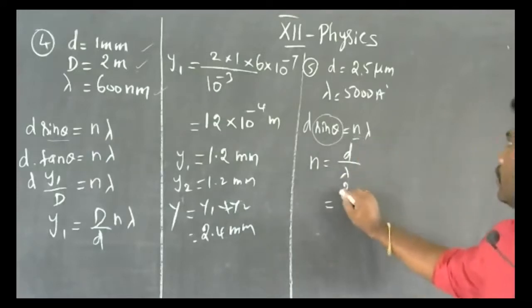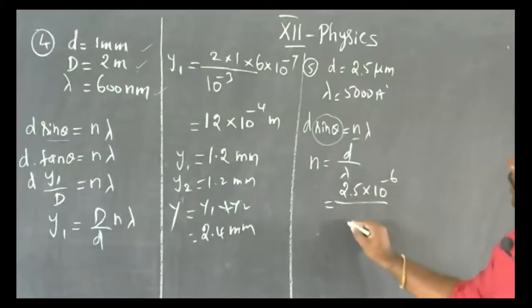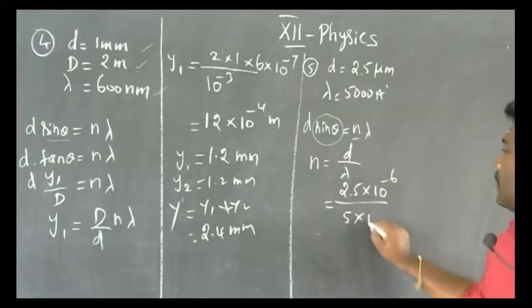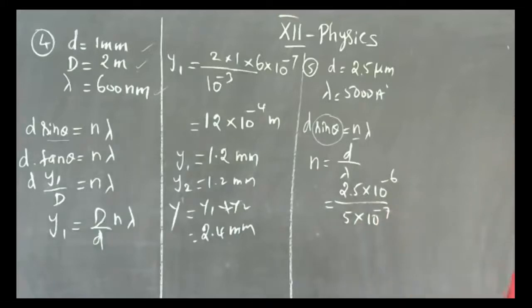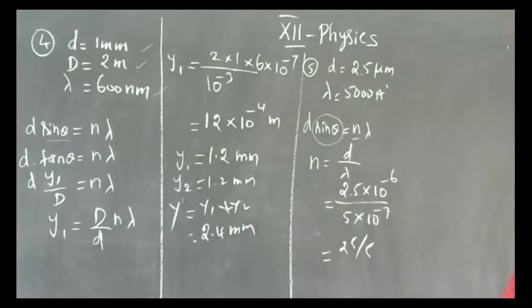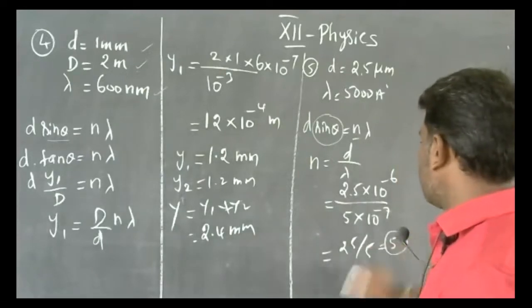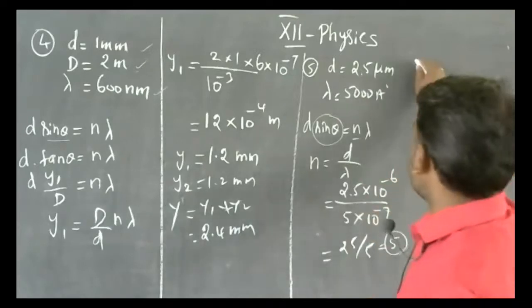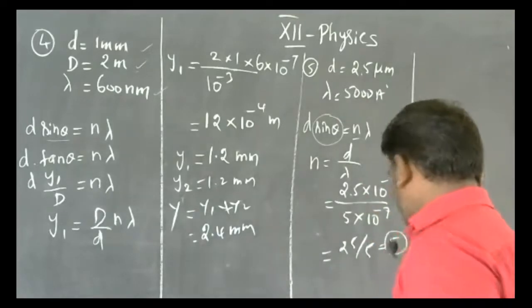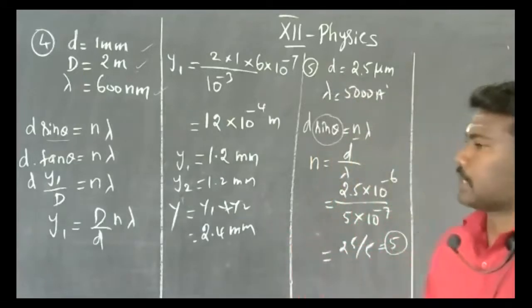The d value is 2.5 micrometer, 10 power minus 6, divided by 5 into 10 power minus 7. So this is nothing but 25 divided by 5. The answer is 5. So for the given width of the slit, the order is 5. The 5 is the answer for the fifth question.